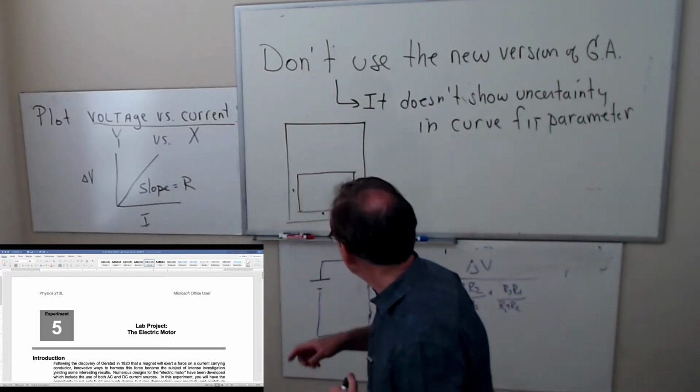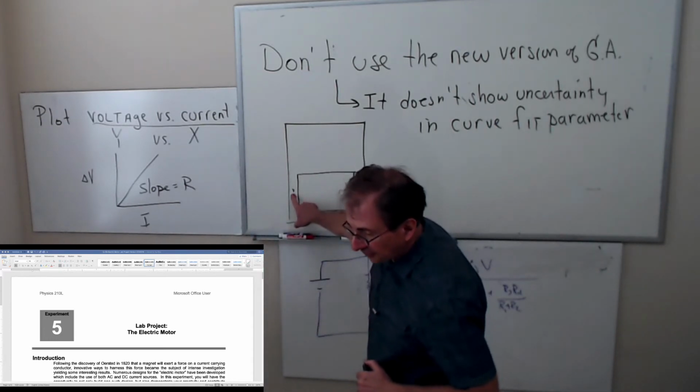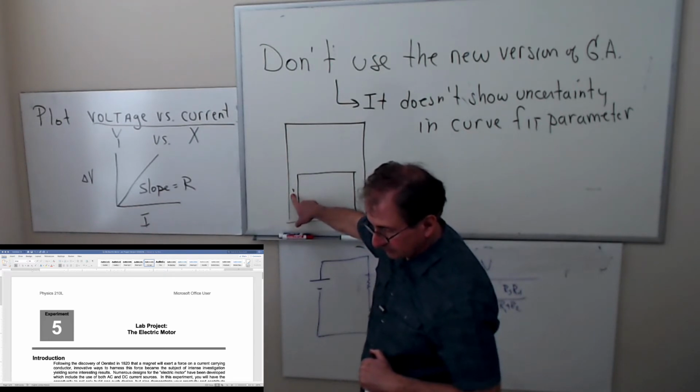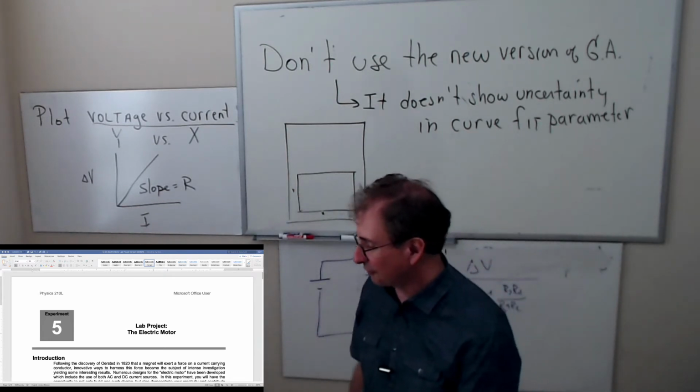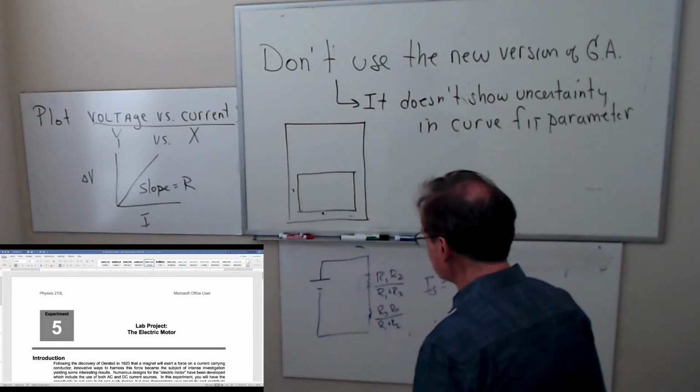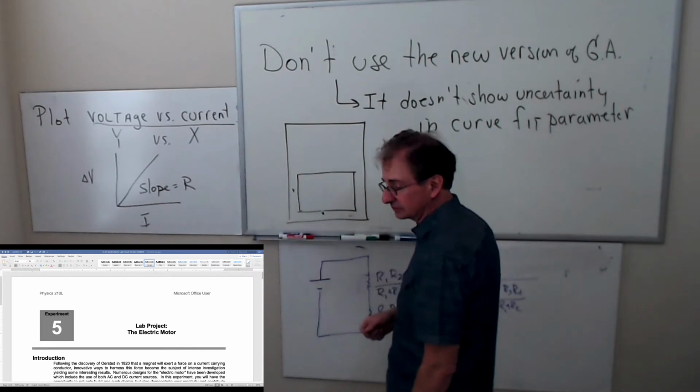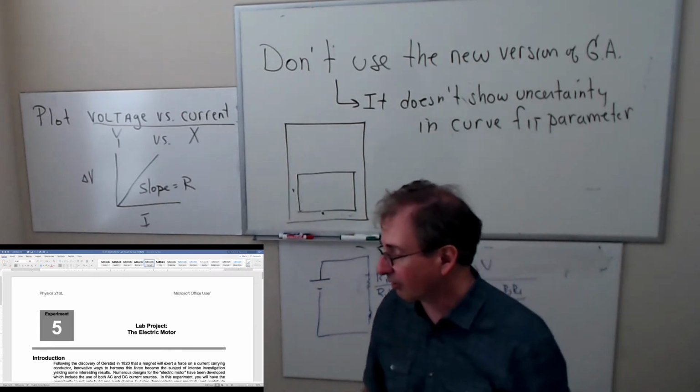Can anybody see that letter? No. Okay, so don't do that for your graphs. People did that for their graphs. You don't want me to write this small on the board, right? Don't write that small on your graphs.